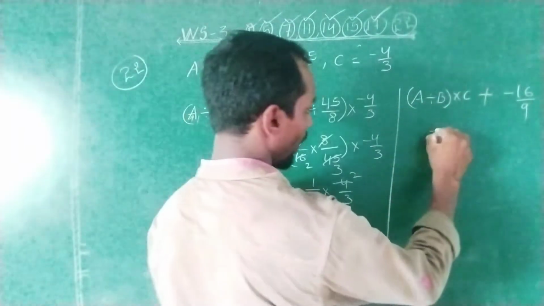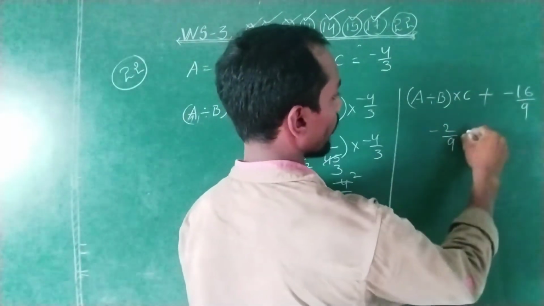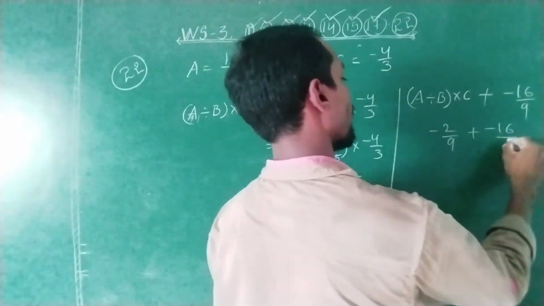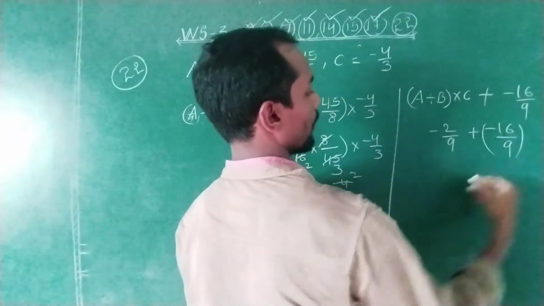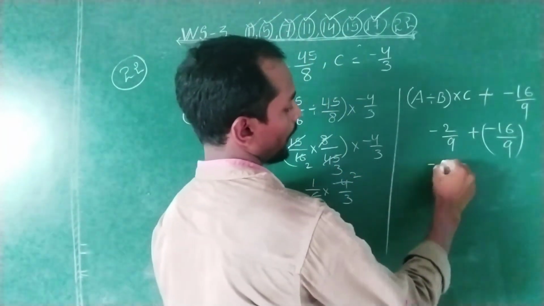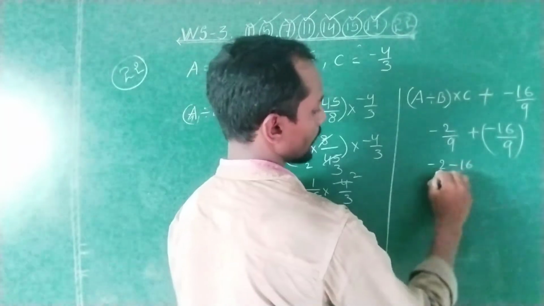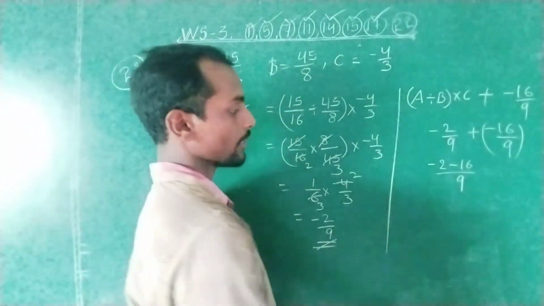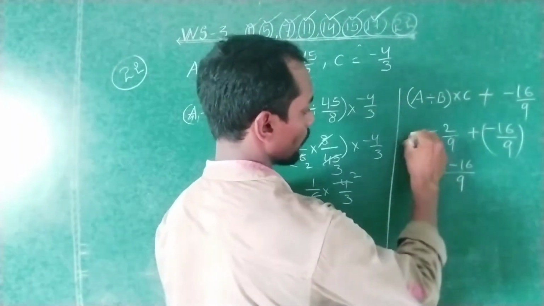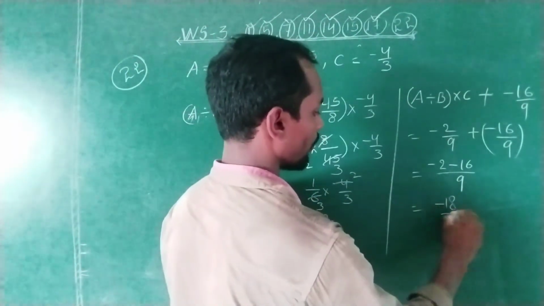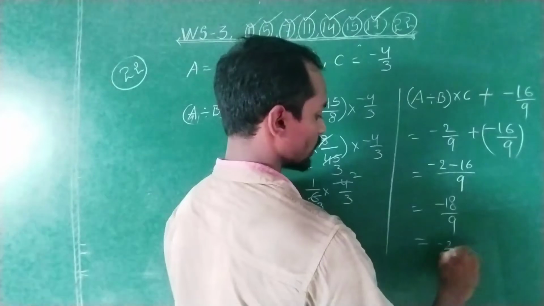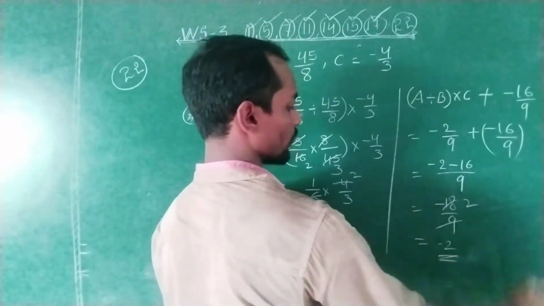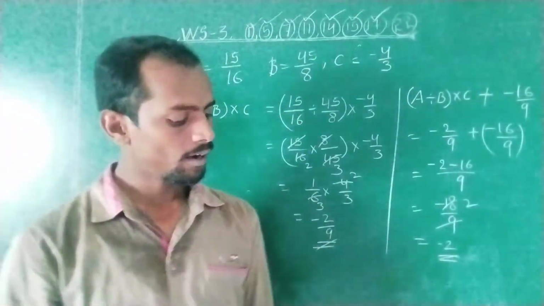This value we found, minus 2 by 9, plus minus 16 by 9. Minus 2 minus 16 by 9, like fractions. Add the numerators, which is equal to minus 18 by 9. Now 9 ones are 9, 9 twos are 18, so minus 2 is the answer.